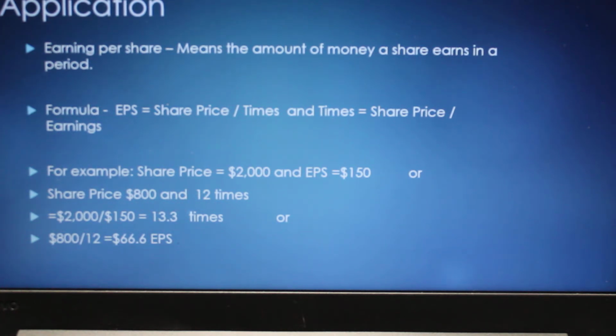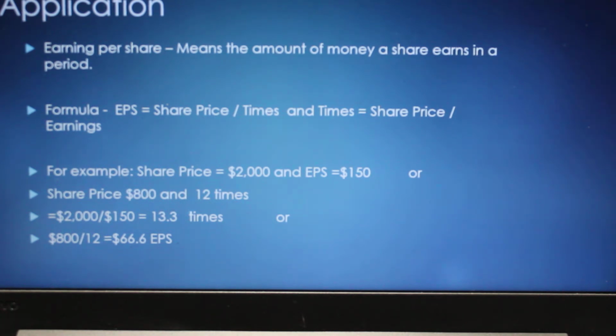If a share price is 2,000, and we know a company like Amazon has a share price of about 2,000, and its earnings per share is 150, let us work out the times. The times here is going to tell us how many periods or years it's going to take us to recoup our initial investment in buying the share.